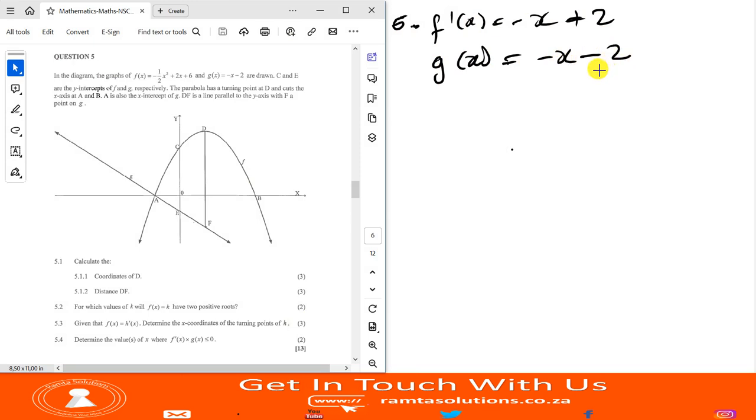Do you guys get that? So what you can do, you can draw a simple graph. For g, its y-intercept is at y equals minus 2. Its x-intercept will be at x equals minus 2 as well.